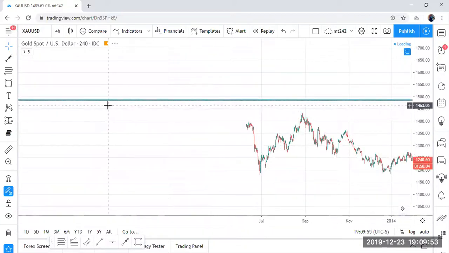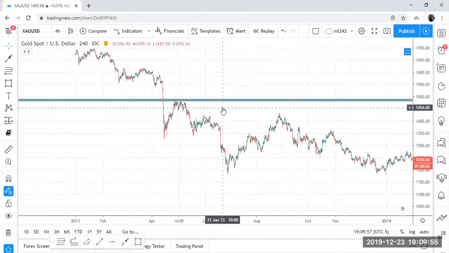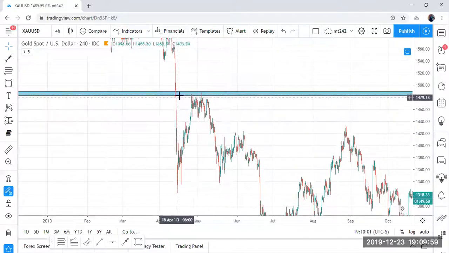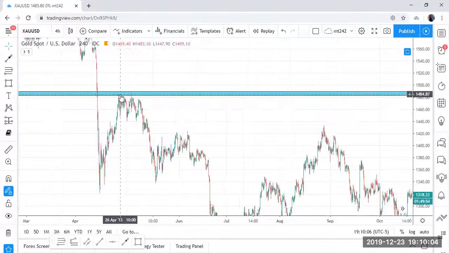It's basically using historical data where you don't have to do that research. You just need to go back in the past.